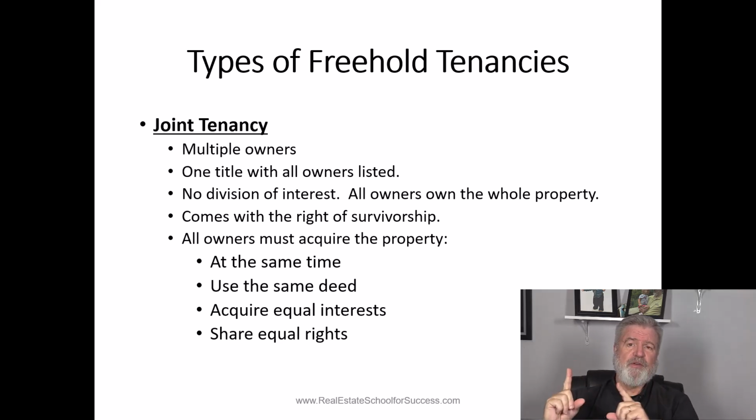So there's some really bad, potentially unintended consequences if you make the wrong choice on the types of tenancy. Because if they bought the property and declared they wanted to be joint tenants, that changes everything in that scenario. As joint tenants, if one spouse dies, then ownership goes to the other spouse, 100% of all of it. They own it.